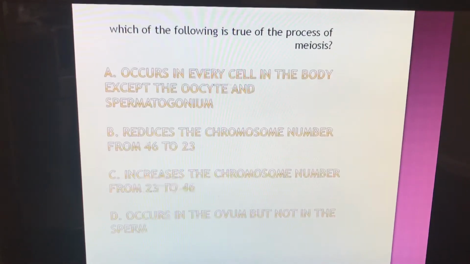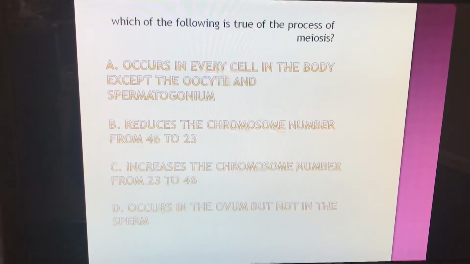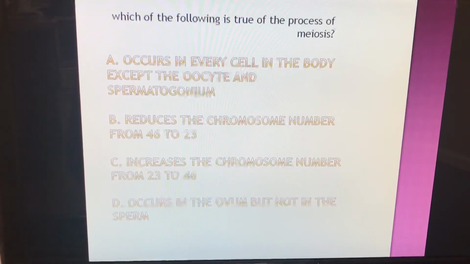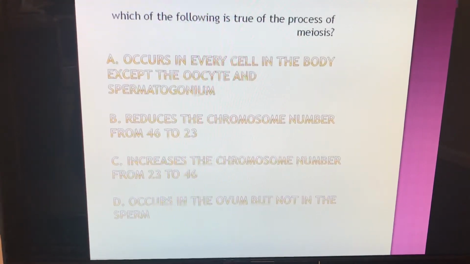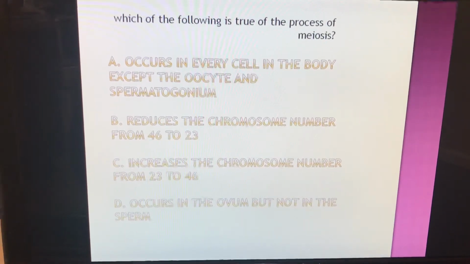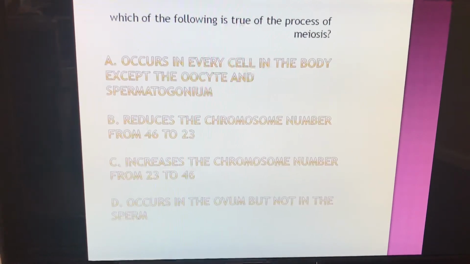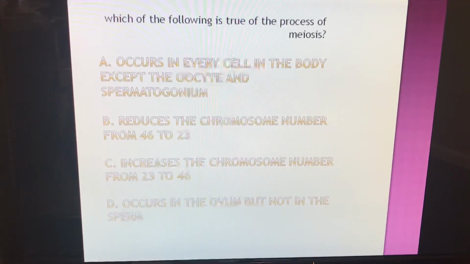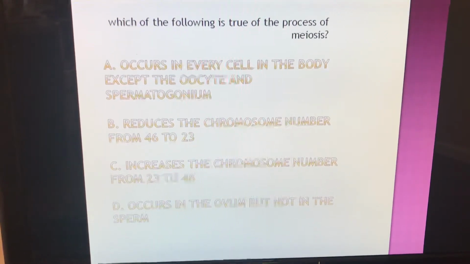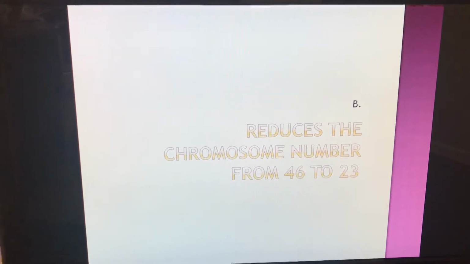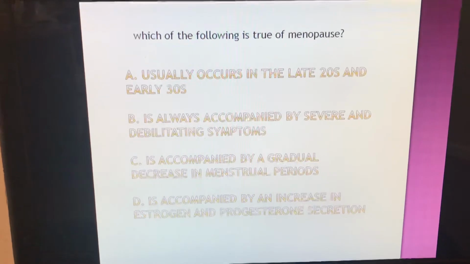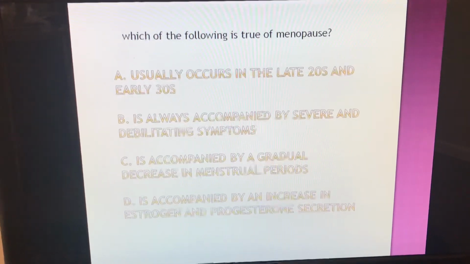Which of the following is true of the process of meiosis? A, occurs in every cell in the body except the oocyte and spermatogonium, B, reduces the chromosome number from 46 to 23, C, increases the chromosome number from 23 to 46, or D, occurs in the ovum but not in the sperm. B, reduces the chromosome number from 46 to 23. Which of the following is true of menopause?